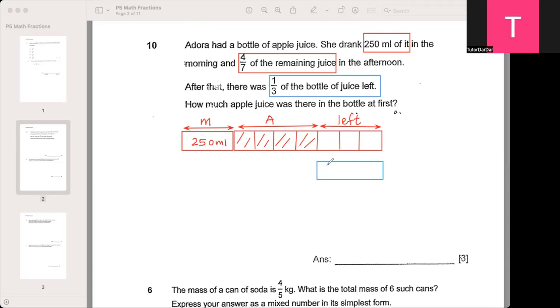We will write 1/3 is equivalent to this 3 portion, so we will label it P, P, P. If 1/3 is equivalent to 3 portion, this whole thing is going to be the whole bottle.